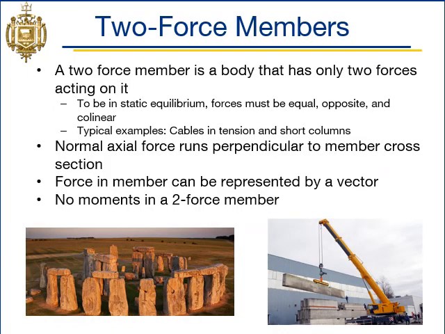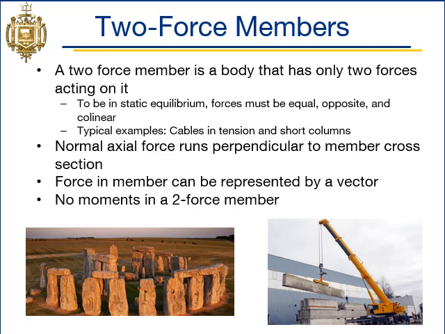All right, so the last piece for our static equilibrium analysis is two-force members. Right, so a two-force member is essentially an object that has only 2 forces acting on it. And we had a great example in the last slide with our service members. They were doing a tug-of-war match, and so our two-force member in that was the cable or the rope that was holding those two service members together.